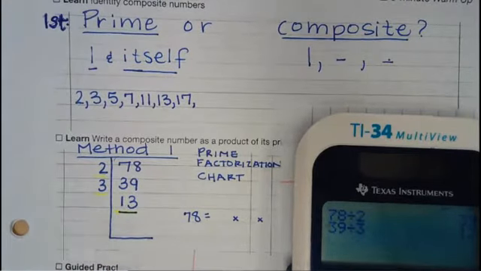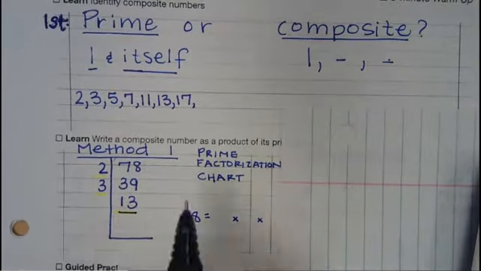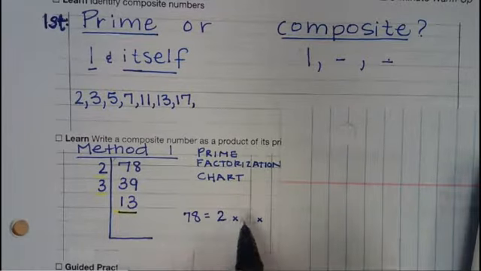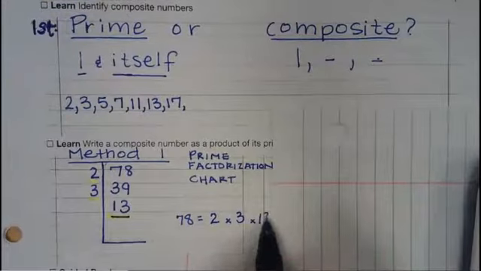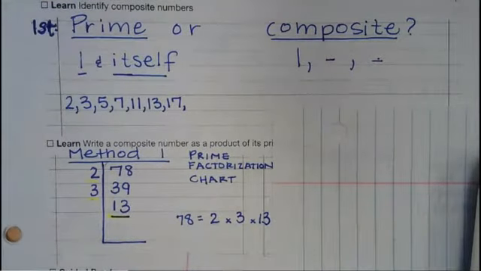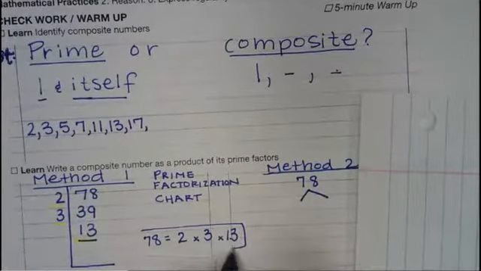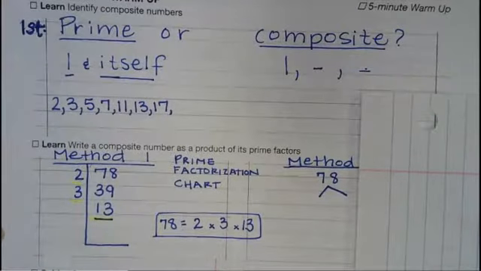So if I write those in number order, 2 is less than 3, 3 is less than 13. So I'm going to write 78 is equal to 2 times 3 times 13. And that would be my answer, and I would box it or highlight it since I have some other work there, or both is fine as well.